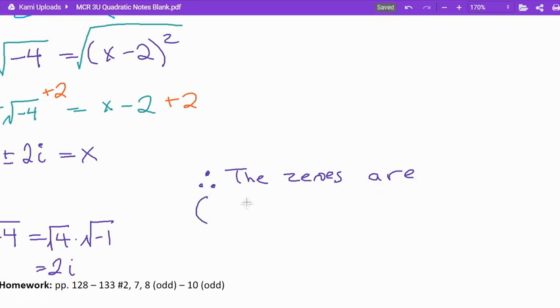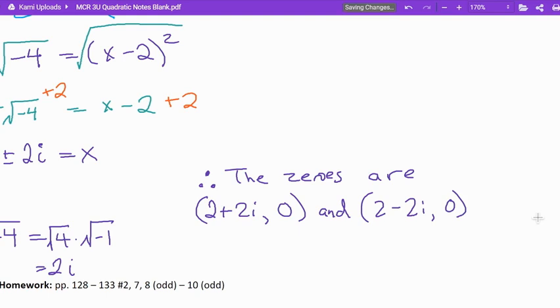The first one is (2 plus 2i, 0). And the second one is (2 minus 2i, 0).